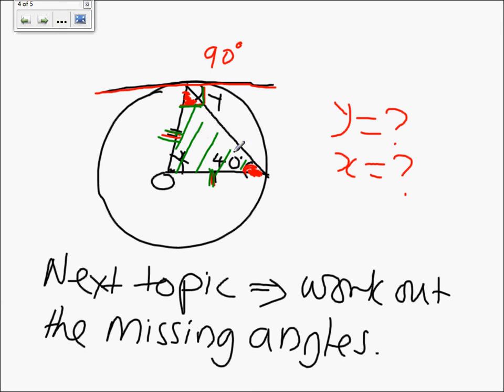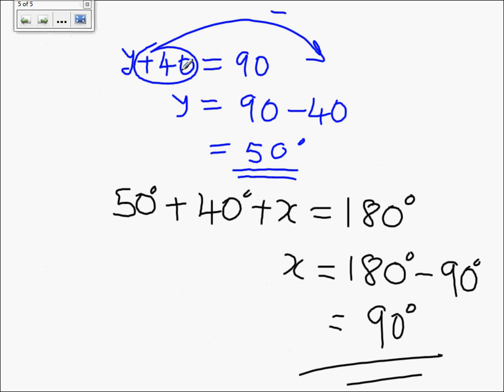I'm going to shade it in green. So this triangle is an isosceles triangle because these two sides, the radii, are equal, therefore the base angles are equal. This angle is given to us, which is 40 degrees, therefore this is also 40 degrees. And since we know that this angle here is 90 degrees, it follows that y plus 40 is equal to 90 degrees, which gives us this equation, and we can compute y.